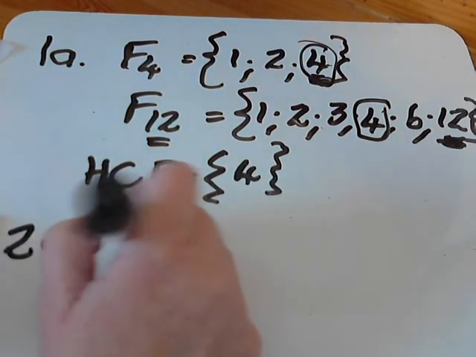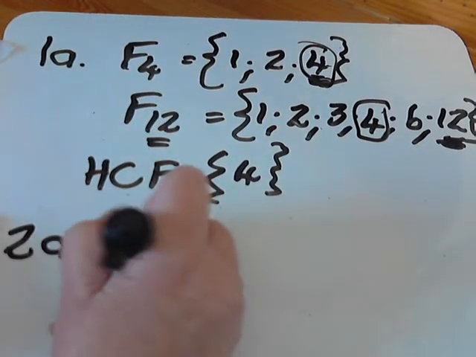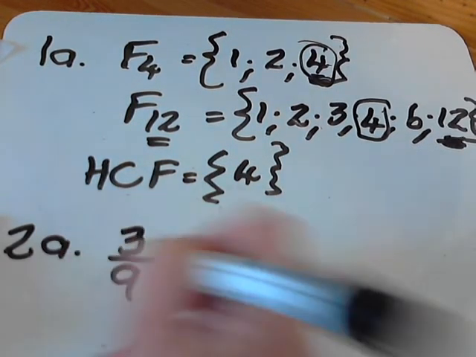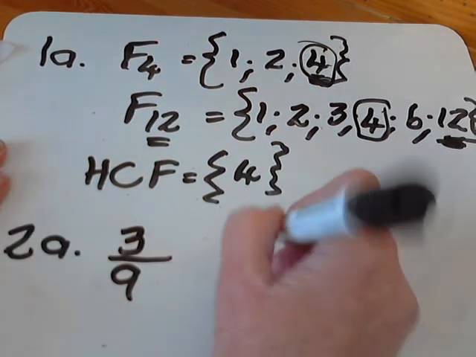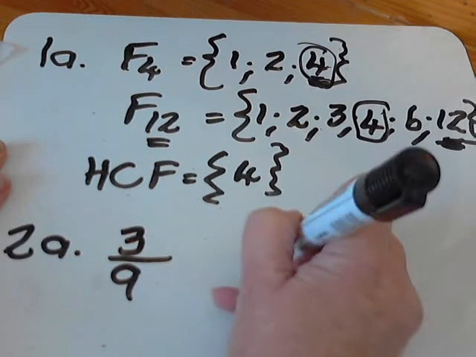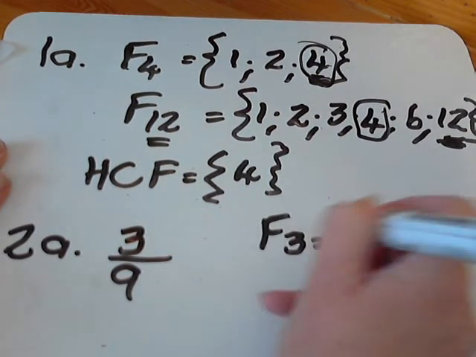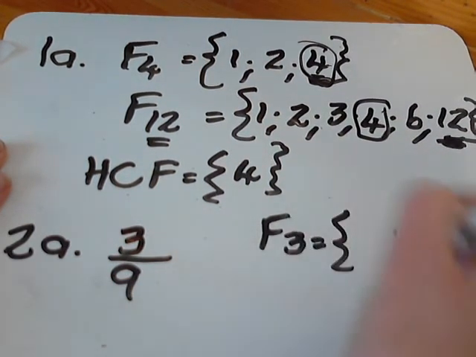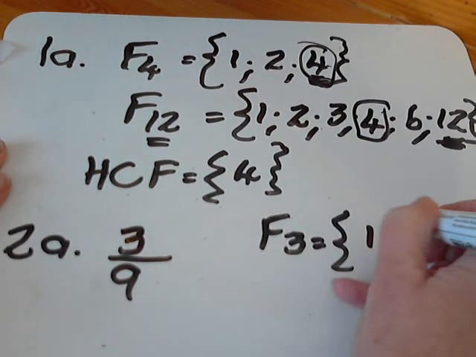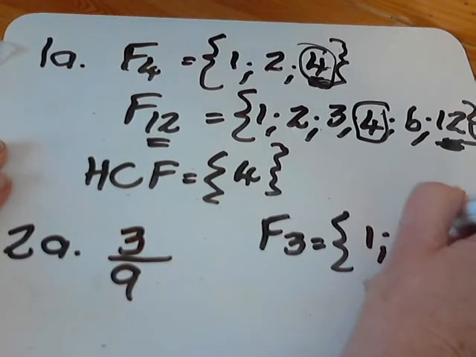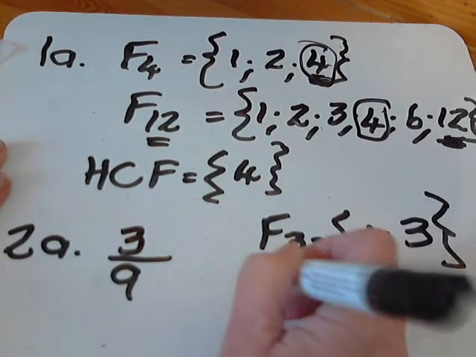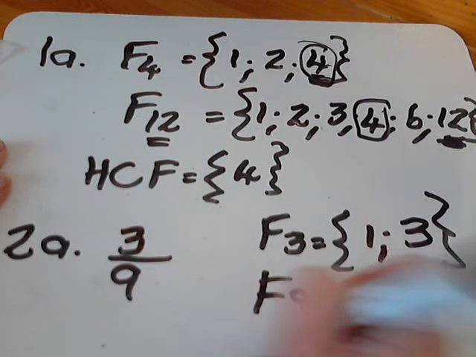Number 2a says we've got 3/9. So how do we write that in its simplest form? Okay, so we're going to look for factors of 3 equals, factors of 3. 1 can go into 3 and 3 can go into 3. Right, then we've got factors of 9.